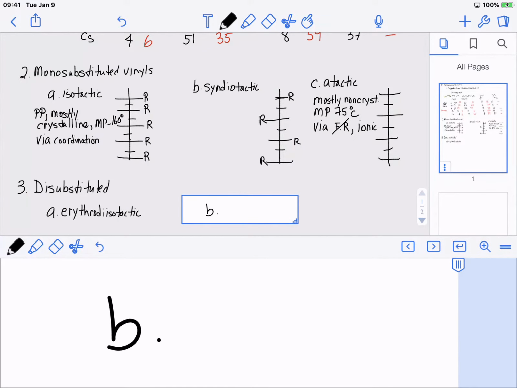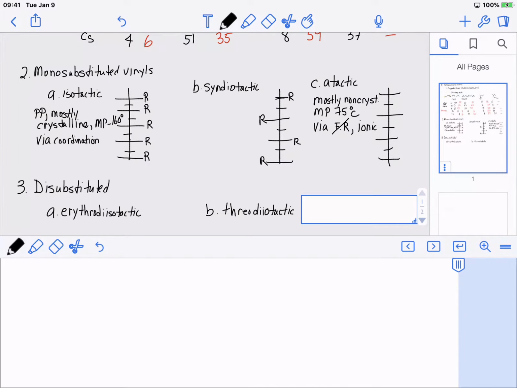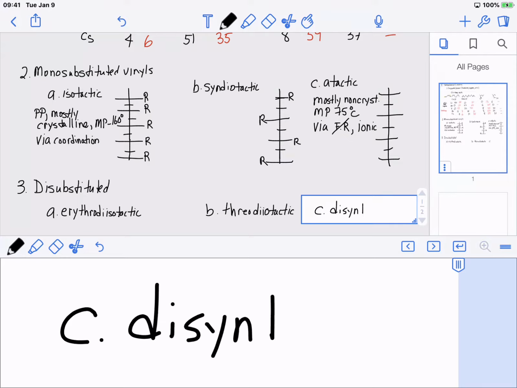You can guess there's also a threo-diisotactic. And then there is a disyndiotactic.